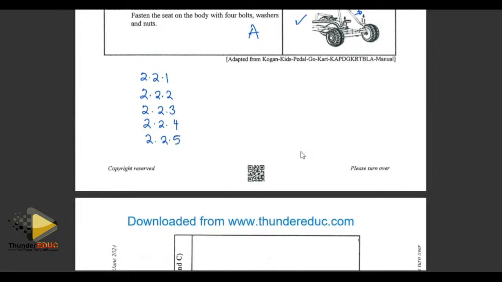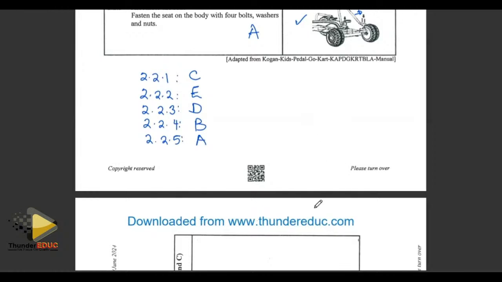So we are saying the letters are C, E, D, B, A. This is what you're supposed to do in your answer book. Don't answer them on the addendum.